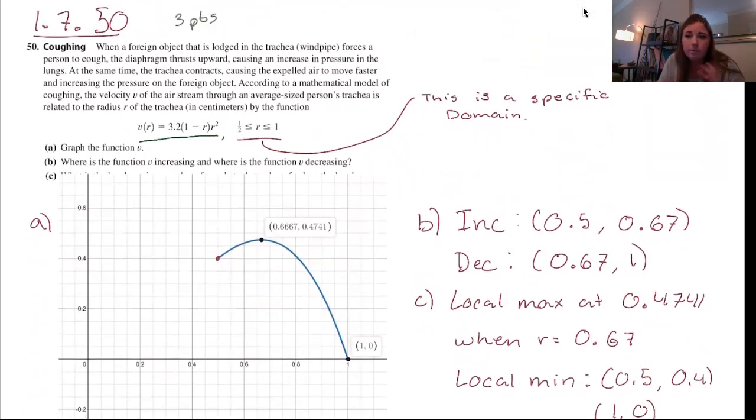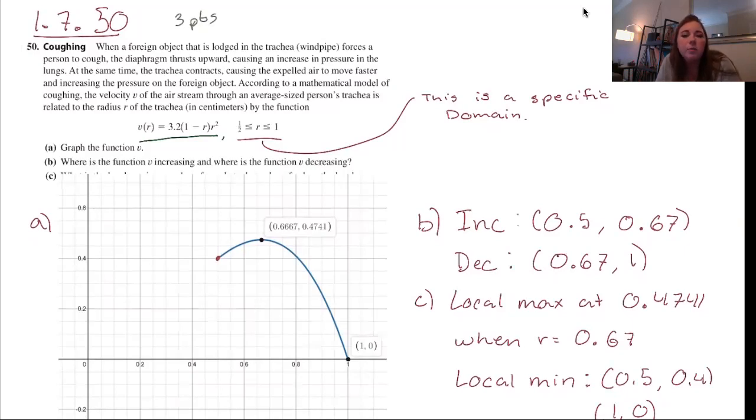I can write v, the velocity, as something with r, the radius of the trachea. And I'm also told that r is between 1/2 and 1, and that needs to follow through in my answers. This is like a real life problem.